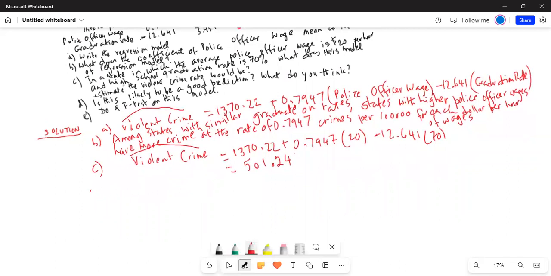So part D says, is this likely to be a good prediction? What do you think?